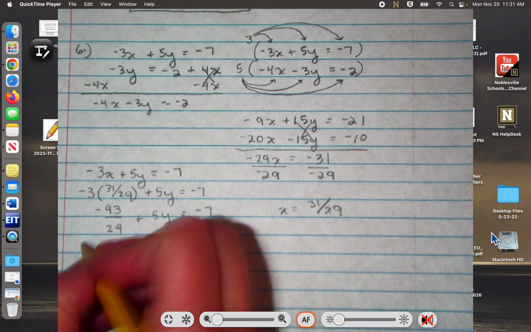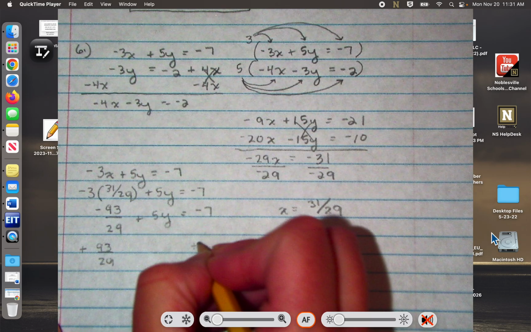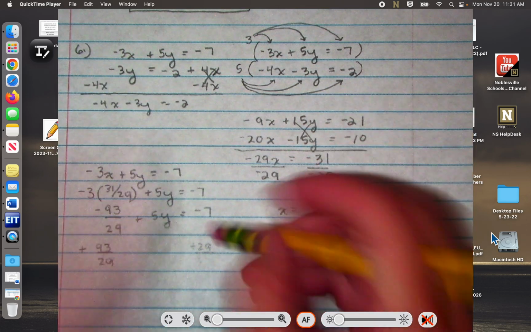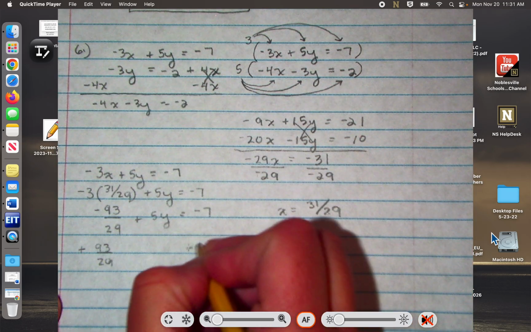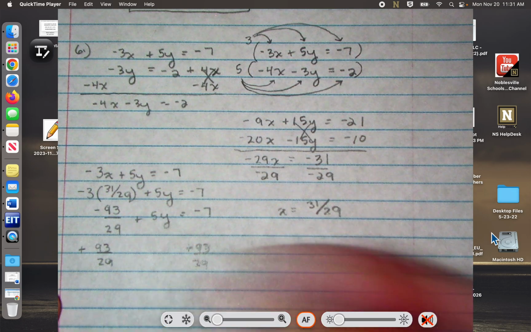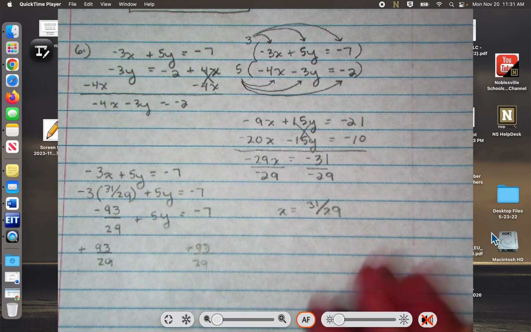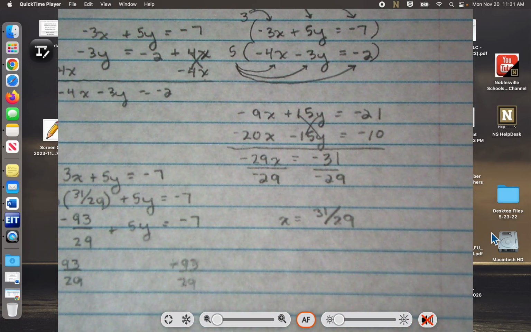Okay. So if we add this, if I get any fractions, yeah, I was close. Guys, we can do this, especially if we have a Desmos calculator, right?